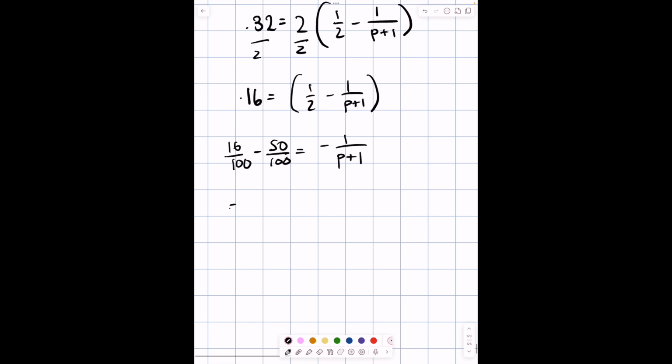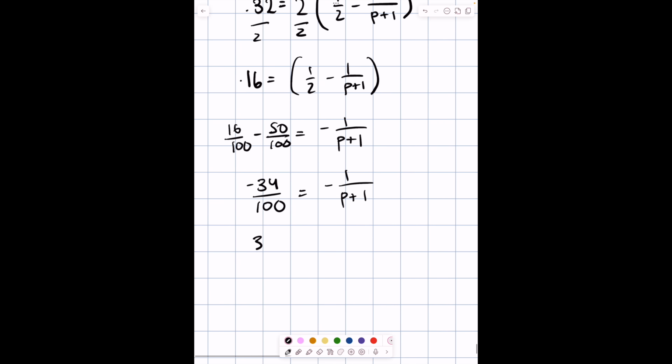This is negative 34 over 100, I'm pretty sure. Okay, yeah. And then equals 1 over p plus 1. And the negatives cancel out.